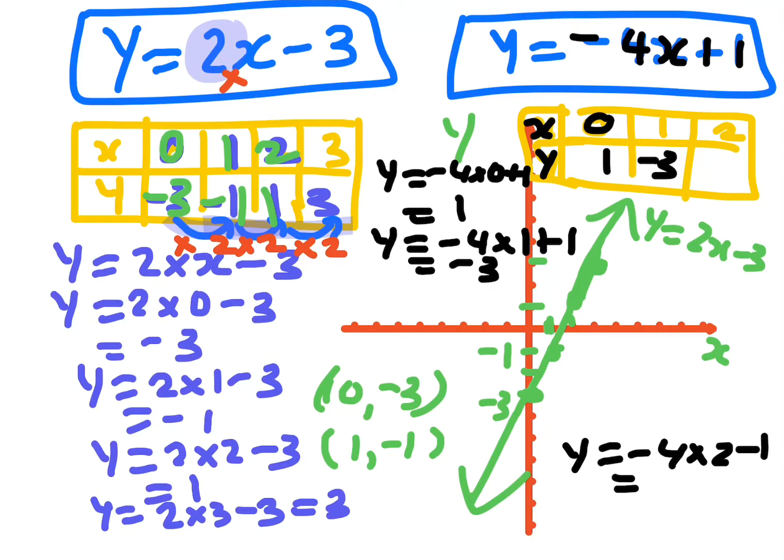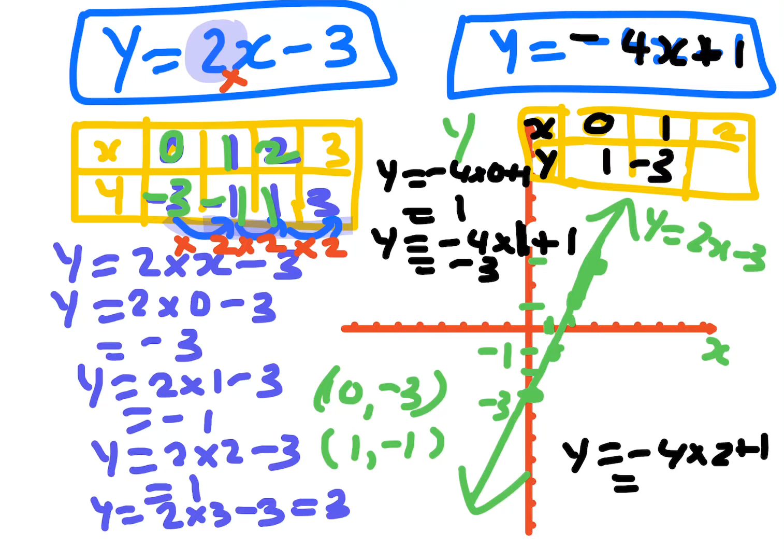Oops, just a correction on that. Sorry about that, it didn't add up. It's going to be minus 4 times 1, and what we have up here is plus 1. So it's going to be plus 1, which is minus 3.